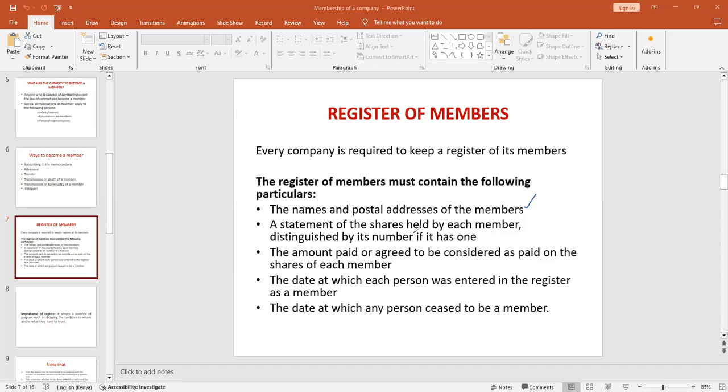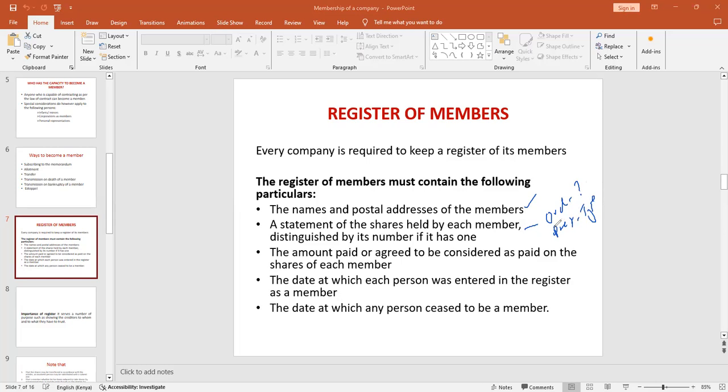A statement of the shares held by each member, distinguished by its number, if it has one. Meaning, if you own ordinary shares, then how many of those shares do you have? If you own preferential shares, then there's going to be the question of the type of preferential shares you have and the number.